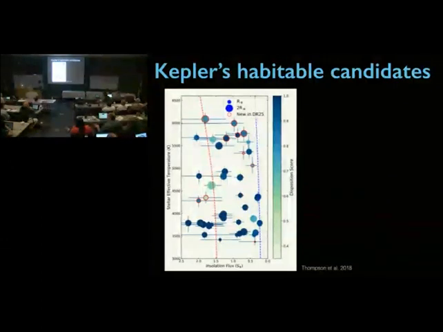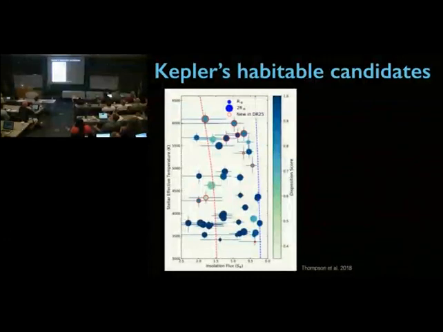Okay, so as of the last catalog to come out of Kepler, these are all of the potential planets that are close to or in the habitable zone. So the habitable zone is outlined by these two lines here, the inner edge and the outer edge. The y-axis is the effective temperature of the star. So we can see that there's a wider range here of potential unconfirmed planets in terms of stellar effective temperature.